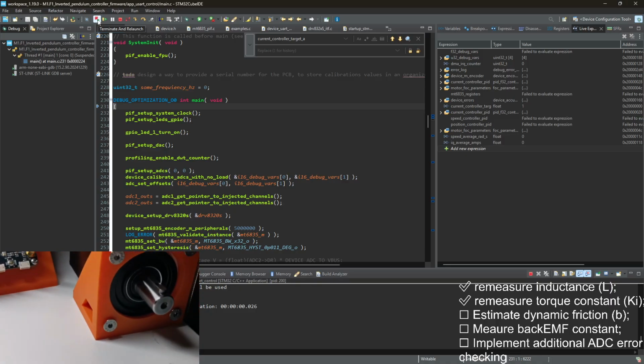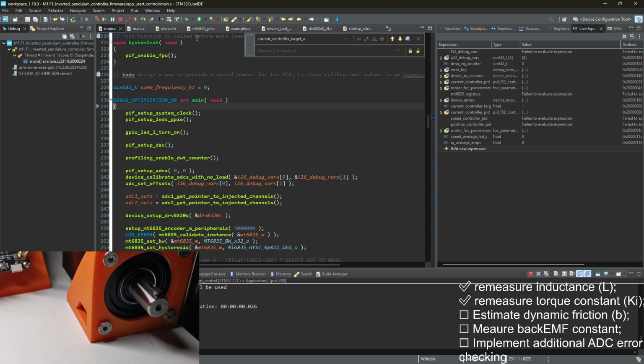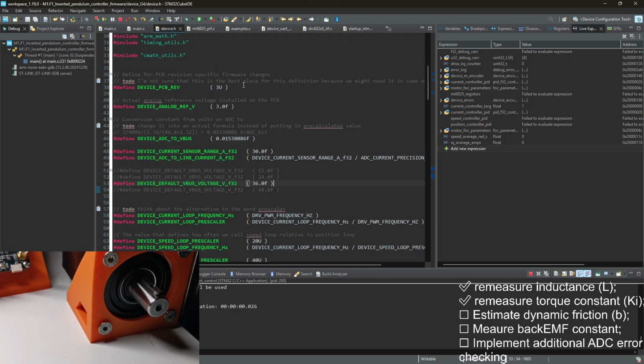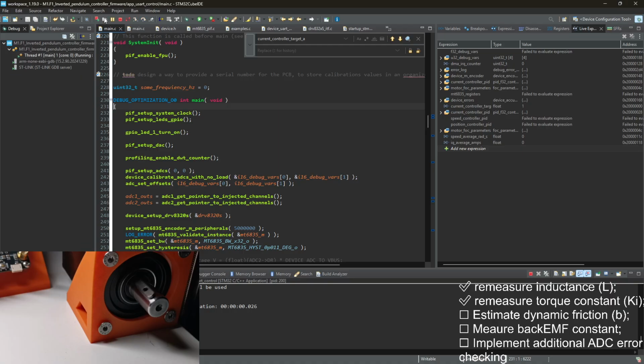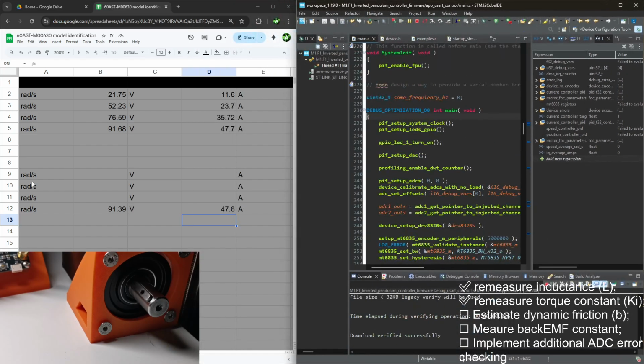So we have 36 volts on our power supply, we have 36 volts as our expected voltage on our controller. And let's start it. First it will calibrate itself, and then we will see our values we need to add to our table. Okay, so we are spinning 68 point... Bus 68 only?